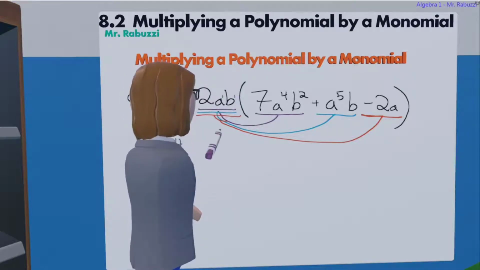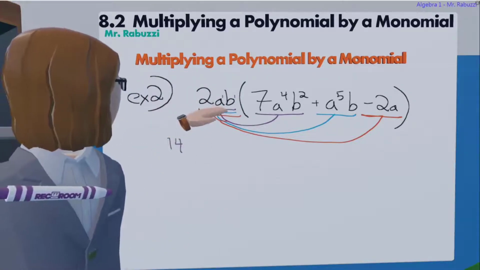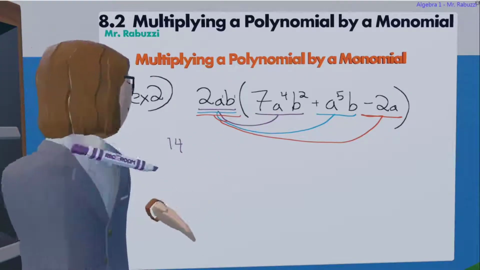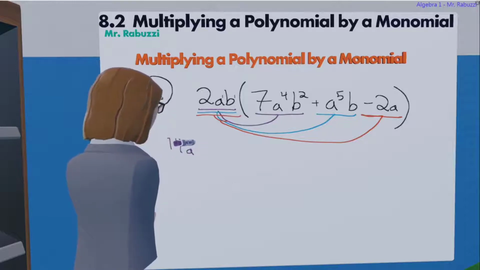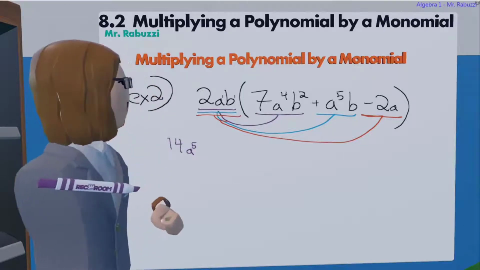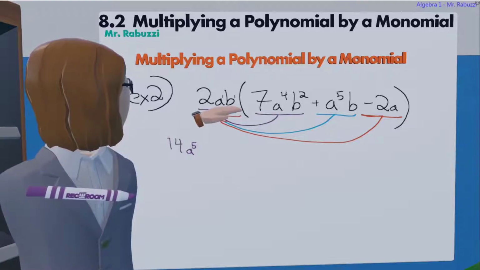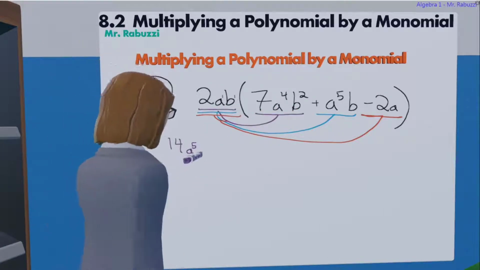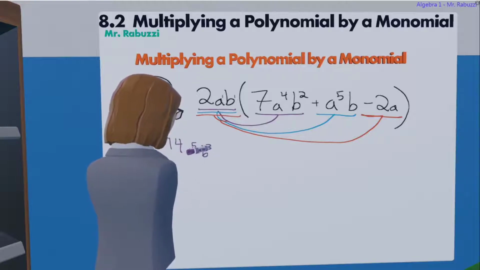And that b, let's do it for now, that b has an invisible 1 exponent. So a1 times a to the fourth, 1 plus 4 is 5. So it's a to the fifth. B, remember, this b has an invisible 1, and that b has a 2 exponent. 1 plus 2 is 3, so it's b to the third.